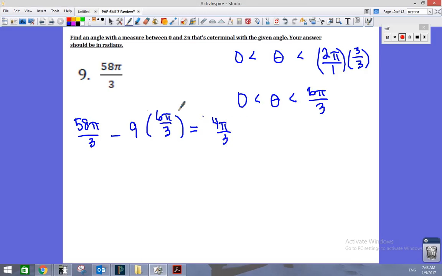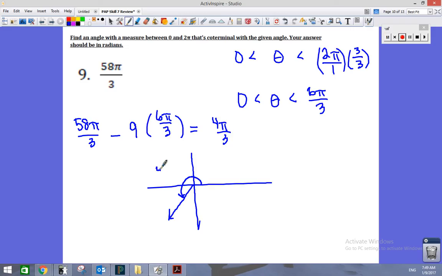So there's my answer, because this 58 pi over 3 is going to rotate around 9 times, then plus 4 pi over 3.